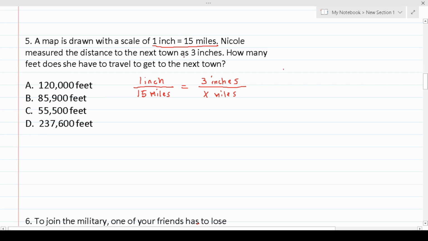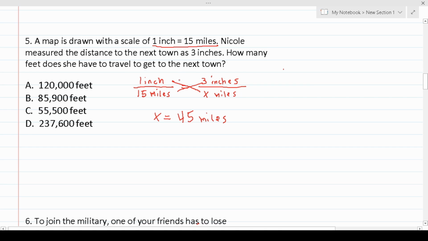Again, at some point we're going to have to convert miles to feet, but let's figure out what this is in terms of miles first. And as I mentioned, I like to multiply my unknown variable first. So this is 1 times x, which is just x. And then this is 3 times 15, which is 45. So we can see that 3 inches corresponds to 45 miles.